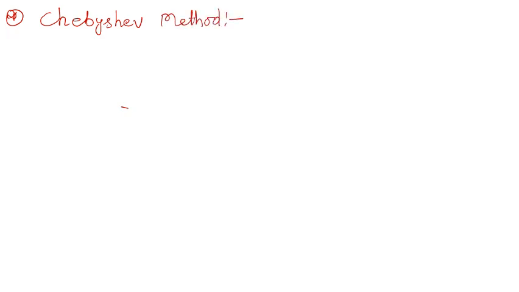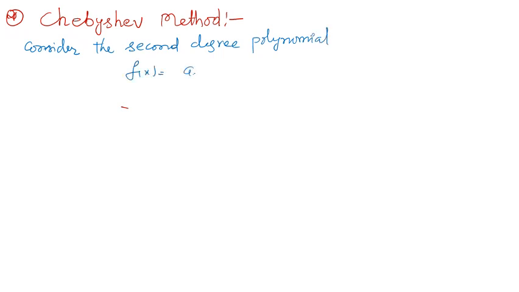After Muller's method, the next method is Chebyshev method. Here, consider the second degree polynomial f of x equal to a naught x square plus a1 x plus a2, equal to 0, where a naught must be not equal to 0.